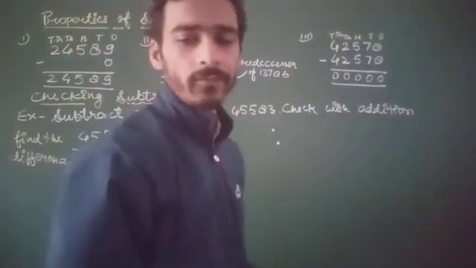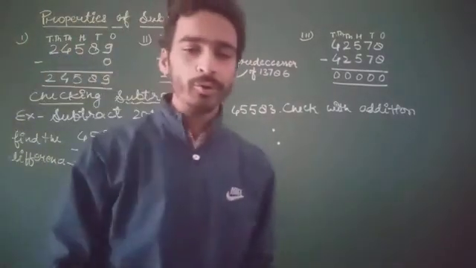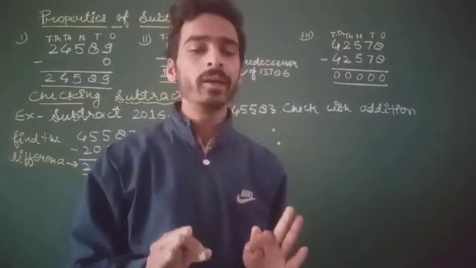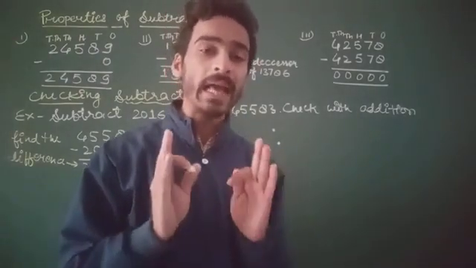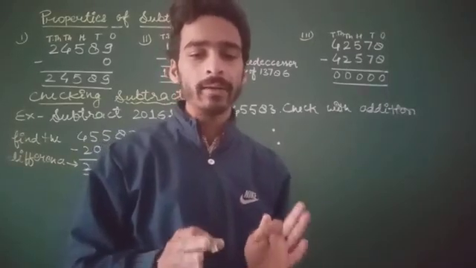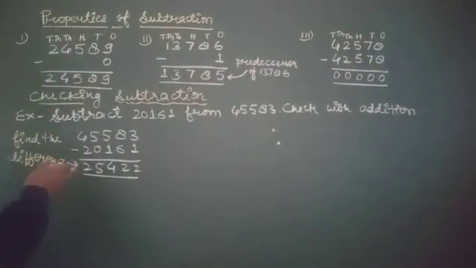After that, you have to add the difference to the subtrahend. The subtrahend is 20,161, which is the number being subtracted.